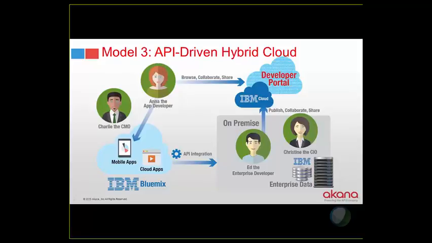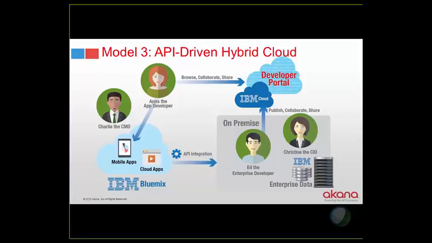The developer portal becomes a home where Ed and Anna and all of their colleagues can log in to collaborate. And so it becomes a place where Ed can publish and share APIs that expose enterprise data and can collaborate with folks like Anna who need access to that data.